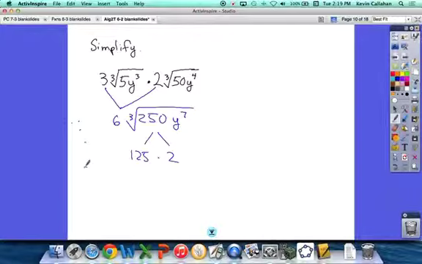Okay, how would I simplify it? y to the 6th, right? Since 7 doesn't divide by 3, the greatest number less than 7 that does is 6. So make it a y to the 6th times y. And now we still have our 6 in front, and we've got the third root of everything.